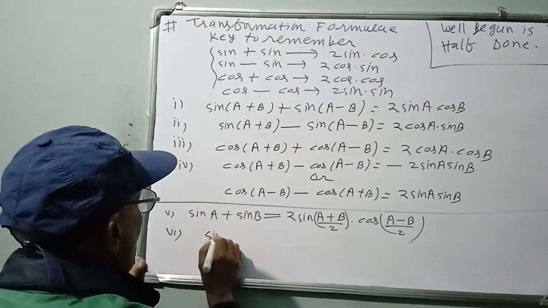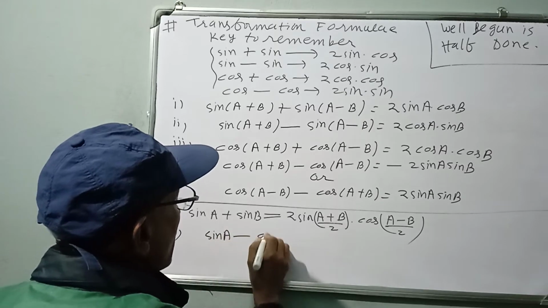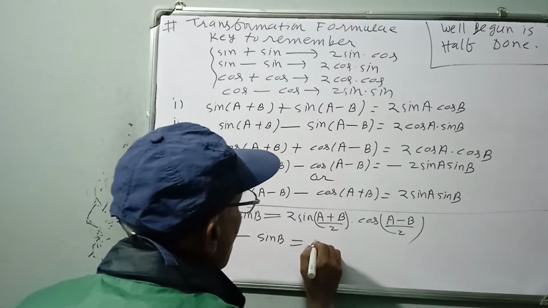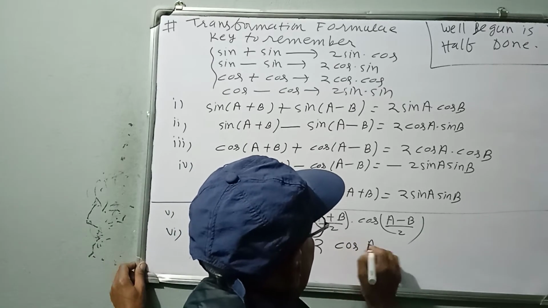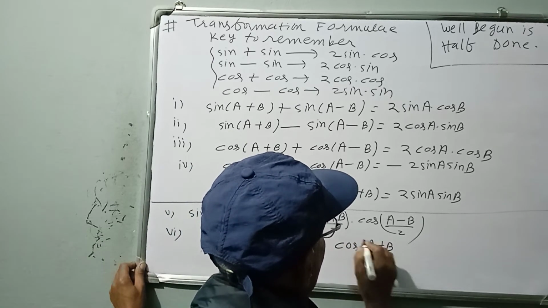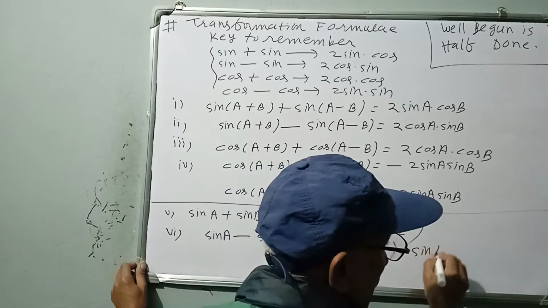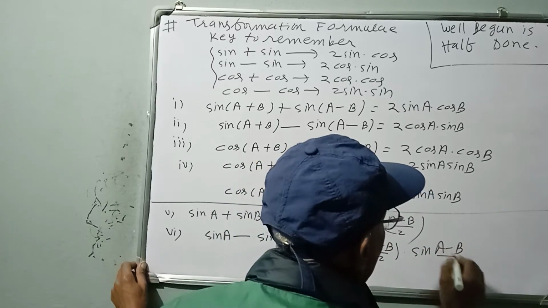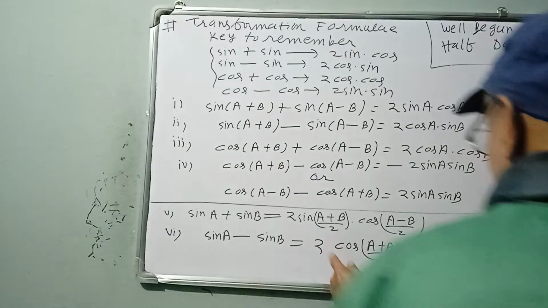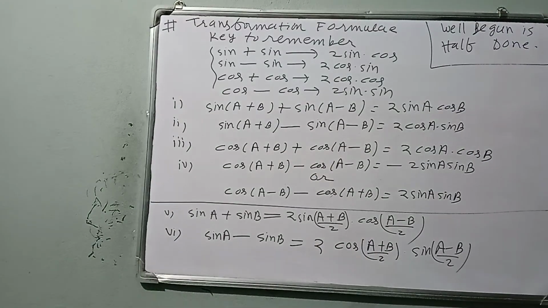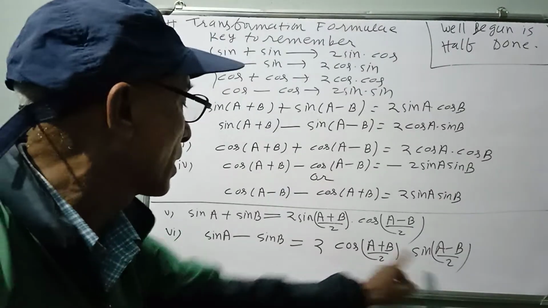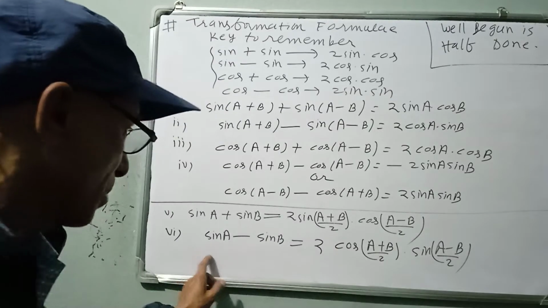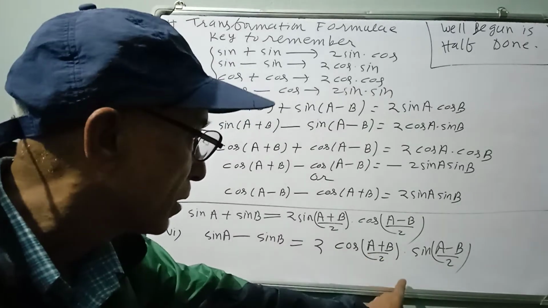It means sin A minus sin B equals 2 cos A plus B by 2 into sin A minus B by 2. Sin plus sin is 2 sin cos, sin minus sin is 2 cos sin. Here single, here half.